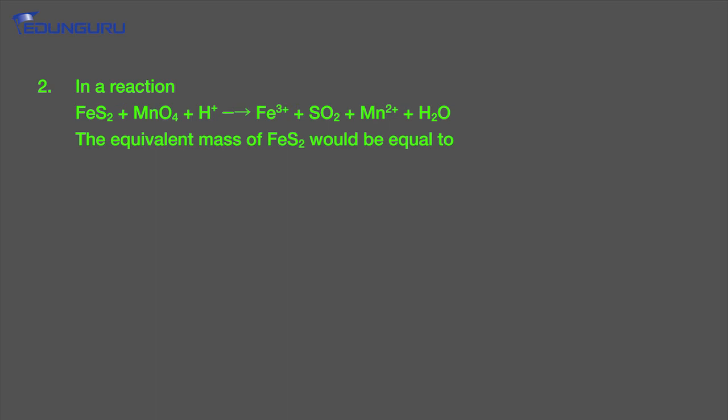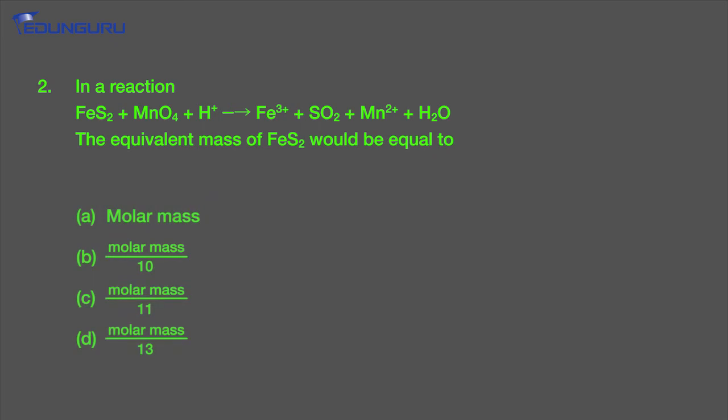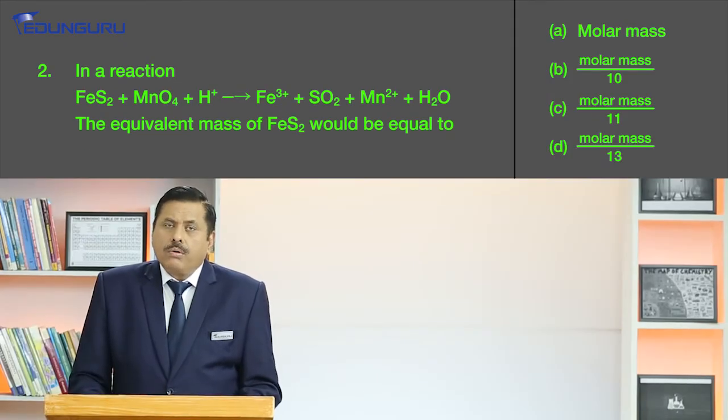The equivalent mass of FeS2 would be equal to A. molar mass, B. molar mass by 10, C. molar mass by 11, and D. molar mass by 13. Now see how we solve this question.